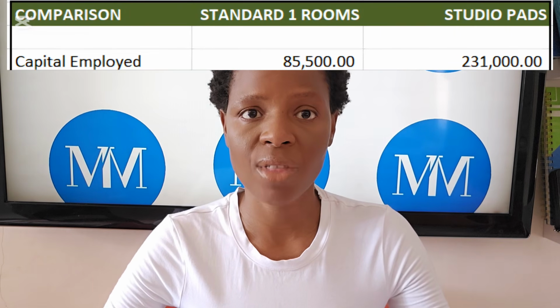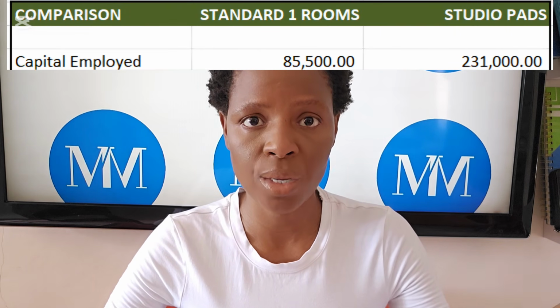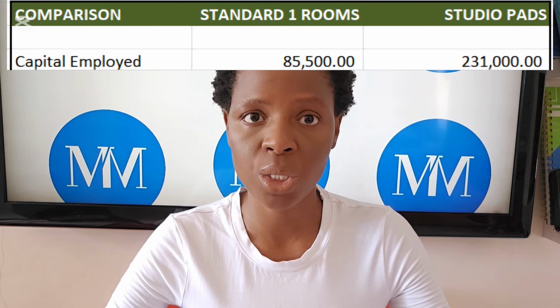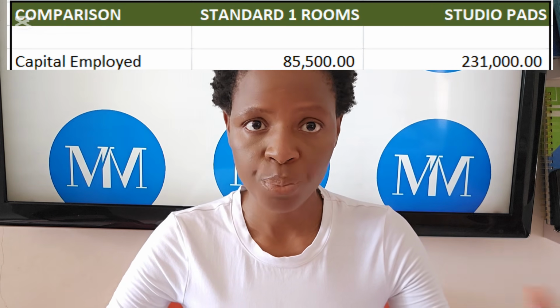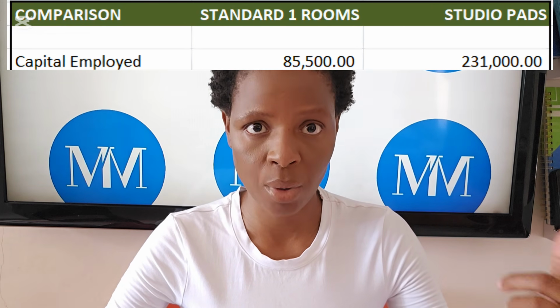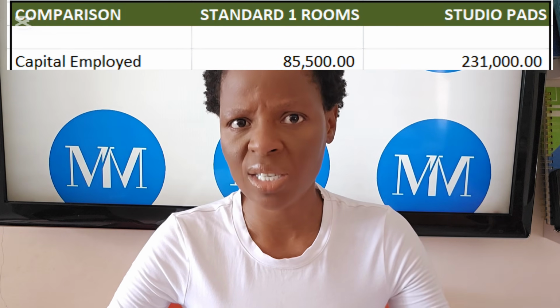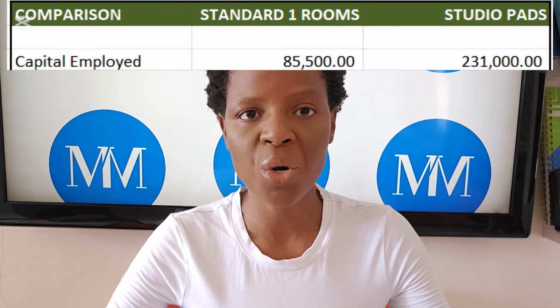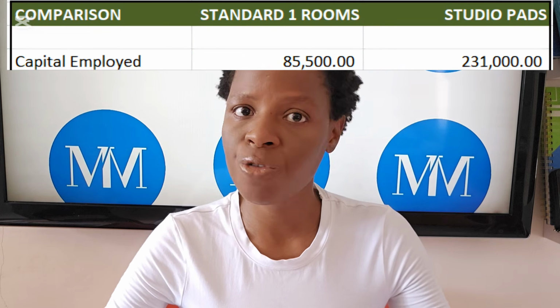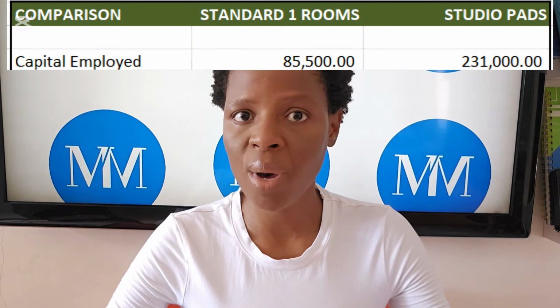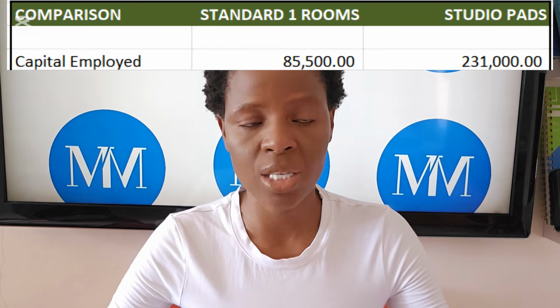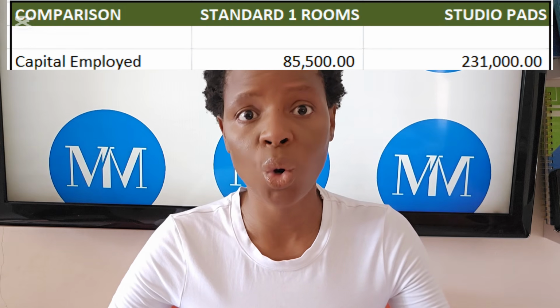This 85,500 is made up of 2 things. It's made up of the total cost for the construction of the entire block, and because it's the standard one room, let me just explain what a standard one room is. A standard one room is just the room. There are no fittings, there are no bathrooms. It's just an empty space where somebody's going to come in and occupy it.